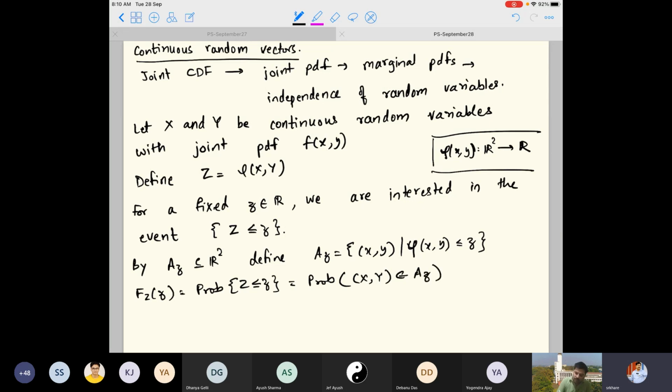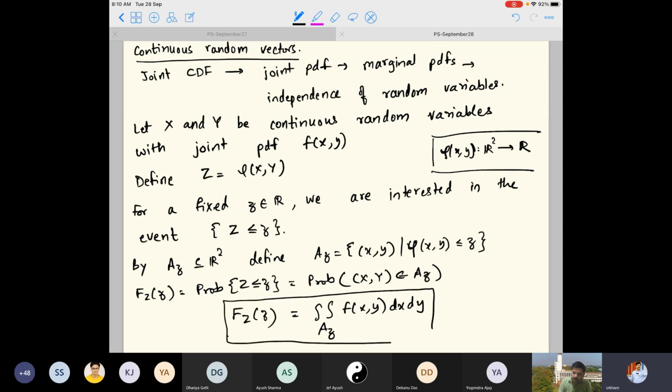And if that is what we are looking at, what is this probability? This probability is basically a double integral over this AZ of f_XY dx dy. Correct? So basically, this F_Z, the CDF of random variable Z, is equal to this double integration, right? So this is how I have expressed the CDF of Z in terms of X and Y random variables, right? So that is what I have done.